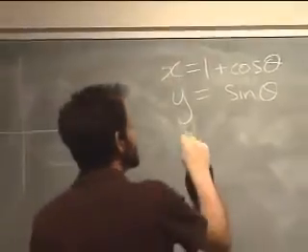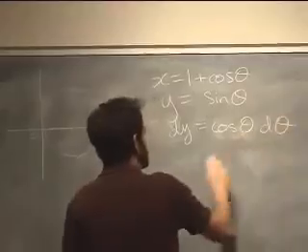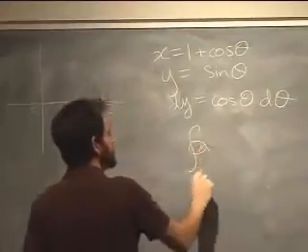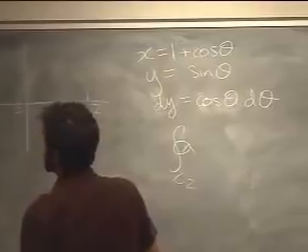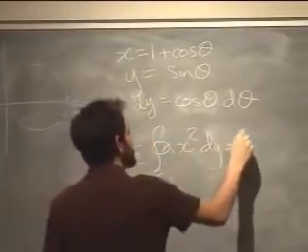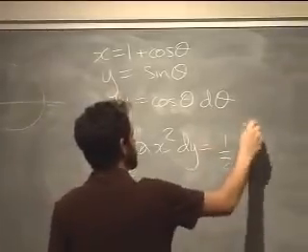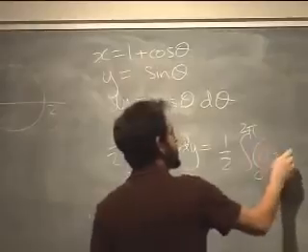So again, we only need dy, which is cosine theta d theta. And so our integral over C2 of, x squared, a half x squared dy, is 1/2 the integral from 0 to 2 pi. X squared is 1 plus cosine theta all squared.